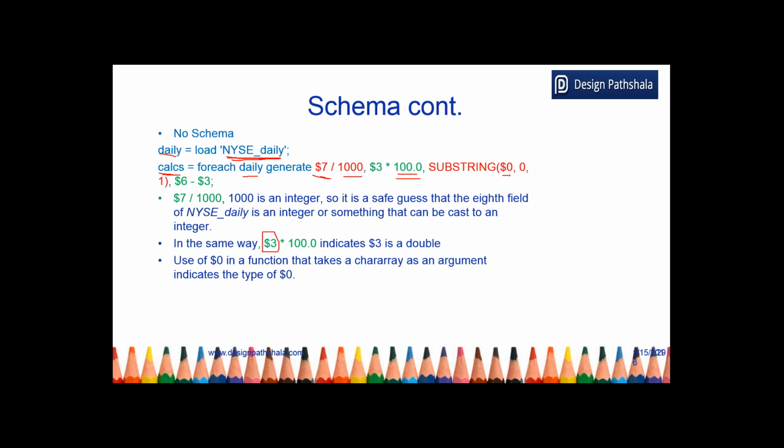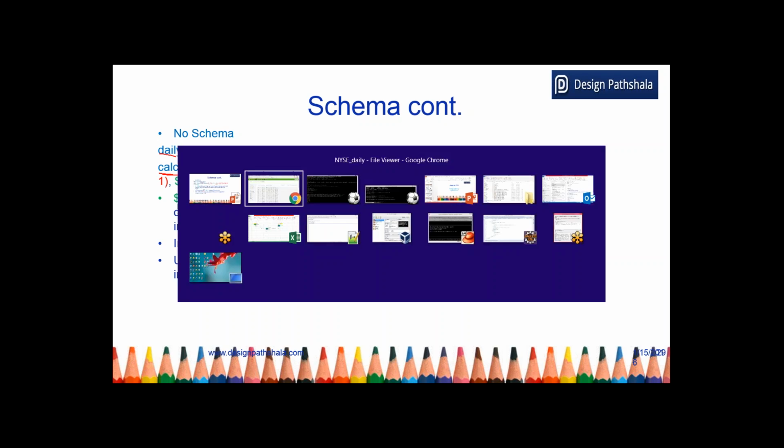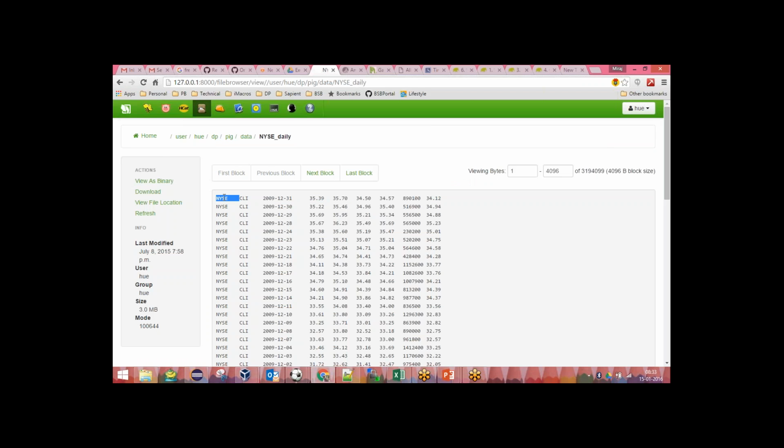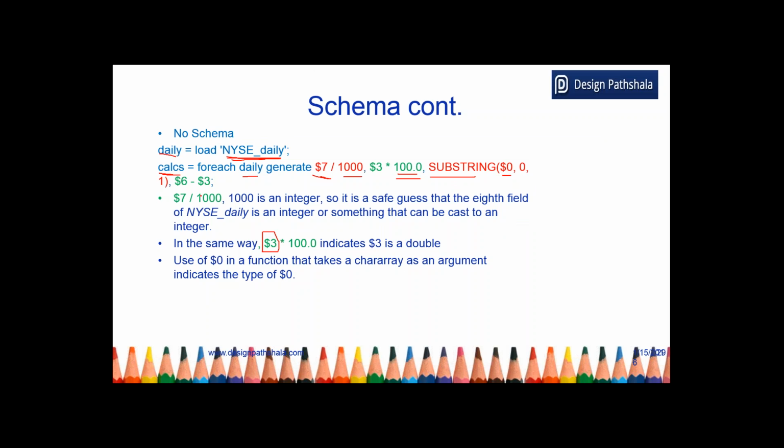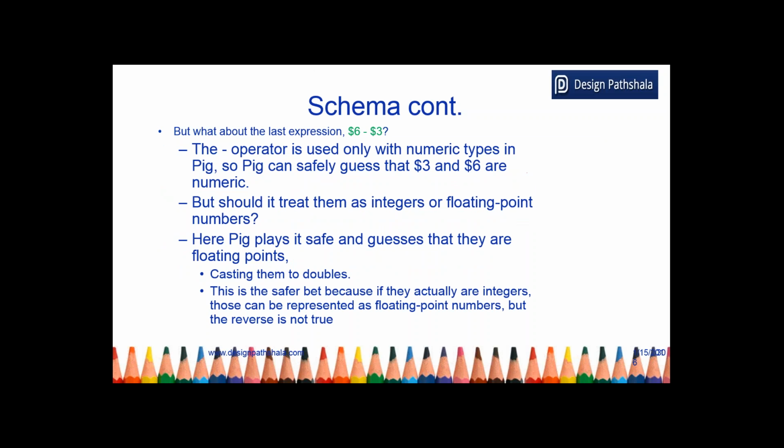Then on $0, I am applying a substring kind of thing, so it will assume that is a string. That is the first column. And the interesting thing is $6 minus $3. I've just given a minus operation. So here it tries to play a little safe.